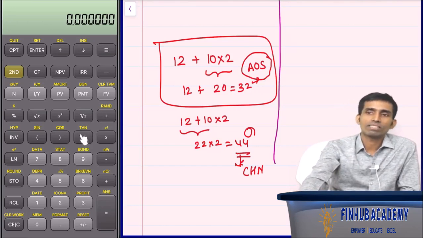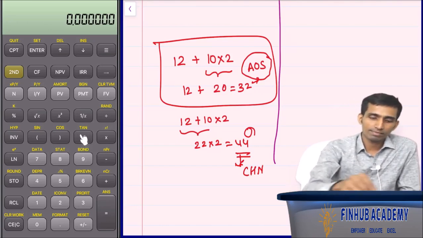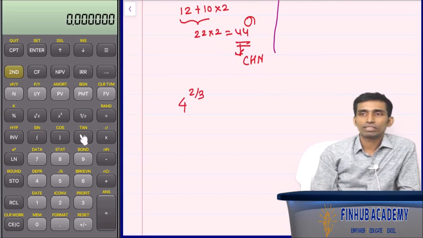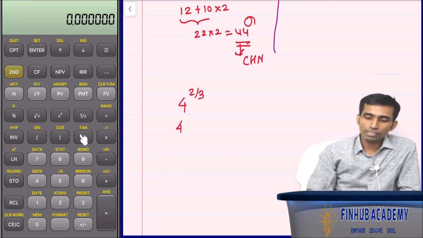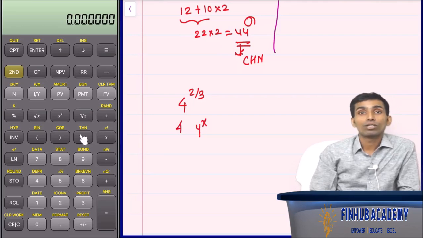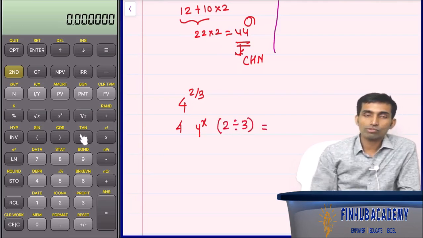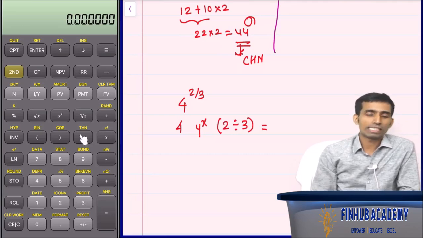Correct? Next. Let's say it is 4 raised to 2 by 3. In this case keystrokes would be 4 y raised to x. You can't directly press 2 divided by 3. It will not understand that. You should press bracket open, 2 divided by 3, bracket close, equals to. Follow these steps. See, you will get the answer.